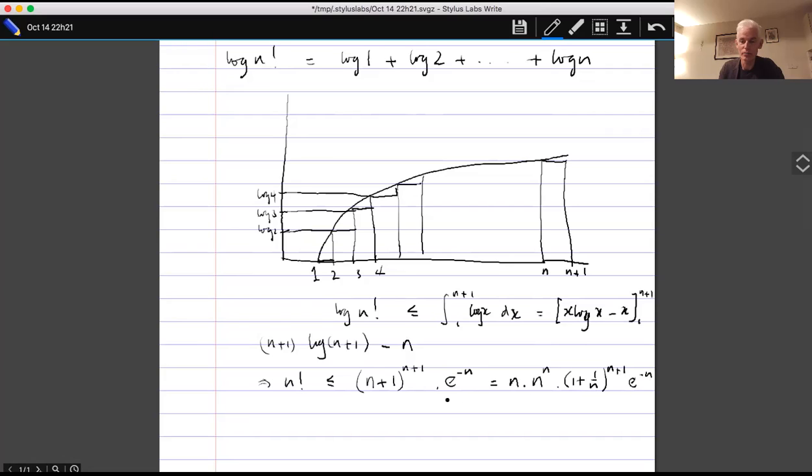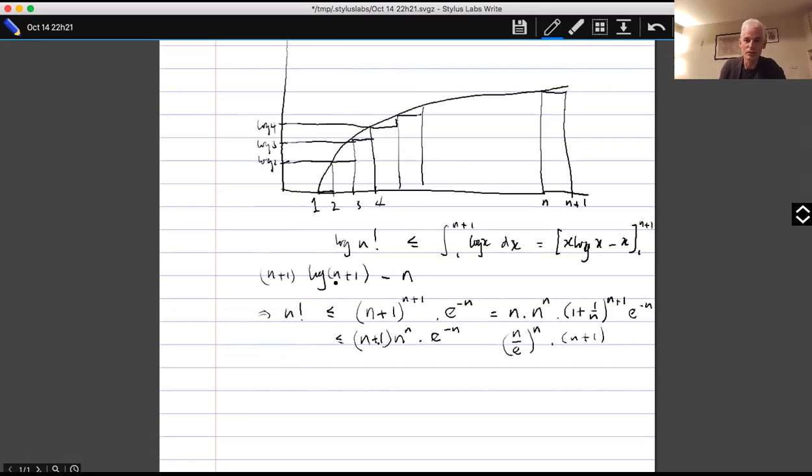And 1 plus 1 over n to the n plus 1 is at most a constant, e, times 1 plus 1 over n, so we get n plus 1 times n to the n times e to the minus n. So up to a polynomial factor, which is often not very important, we get the estimate n over e to the n. But if we want an actual upper bound, we have to multiply that by n plus 1.